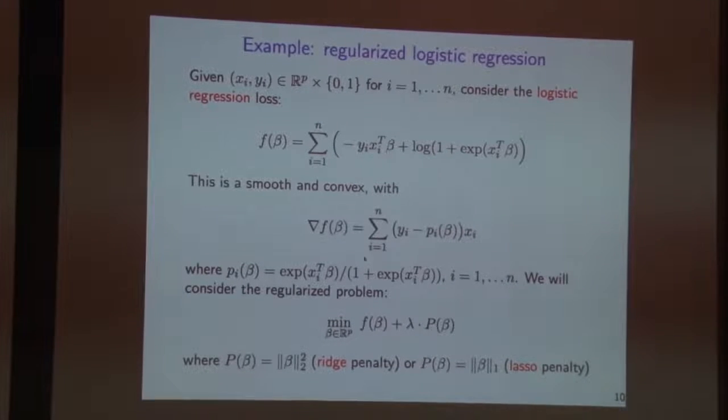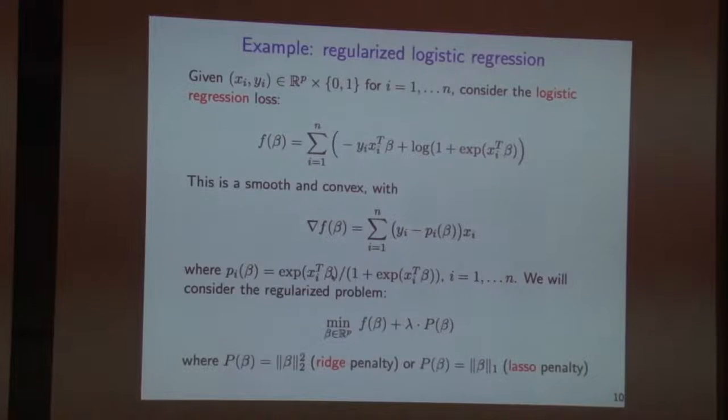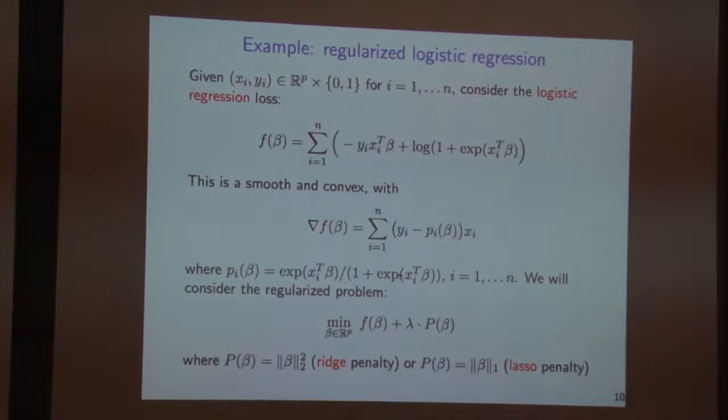And in the logit model, that's just exactly this. It's 1 over 1 plus e to the minus xi transpose beta, or e to the xi transpose beta over 1 plus e to the xi transpose beta. Those two things are the same. So this is an exercise for you to check if you're unfamiliar with where that came from, or if you're unsure of that. Take the gradient of this loss function, it's this.